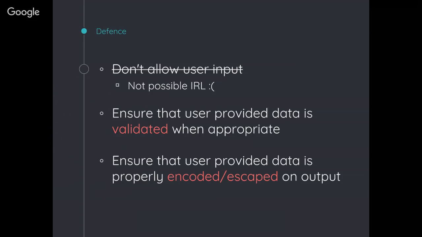For starters, you can ensure that the user-provided data is validated when appropriate. That can be very difficult for some fields, like for example username, especially now as we're moving towards internationalization and globalization. When you're doing input validation, people often take a whitelisted approach: a whitelisted series of characters, only allowing a certain set of characters to be present in this field.